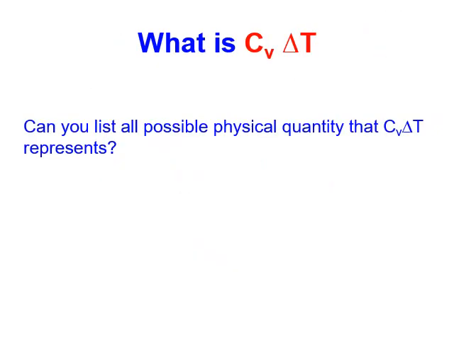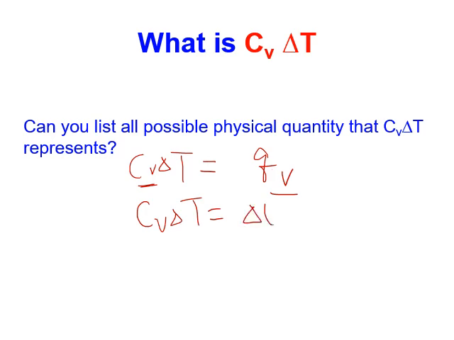Let's think about what CV delta T represents. First, heat capacity is used to calculate heat, and therefore CV delta T calculates heat only under constant volume, because this is a constant volume heat capacity. Second, if volume is constant, work is 0, then heat equals delta U. So CV delta T equals delta U for constant volume.